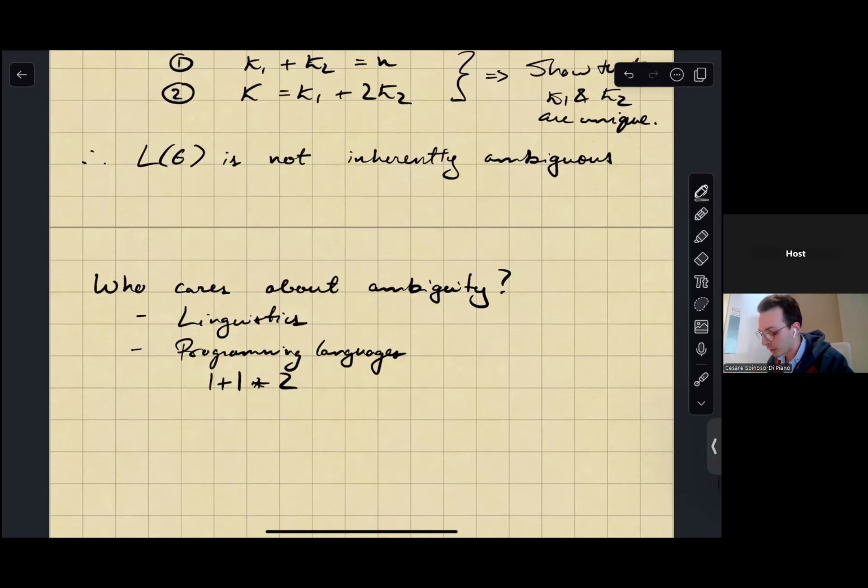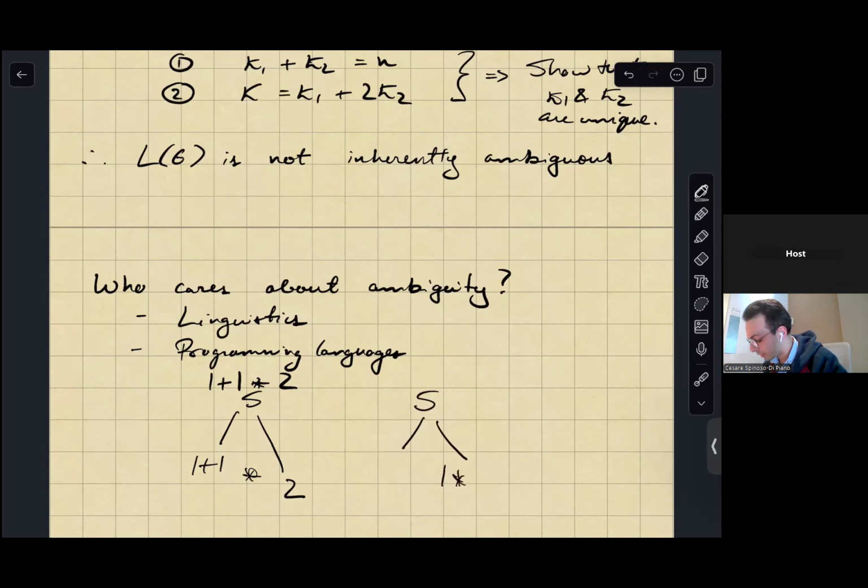You might get one parse tree that takes the 1 plus 1 and then multiplies it by 2, right? So that would be wrong. Or you have one that does the right thing and first does the multiplication and then does the addition.